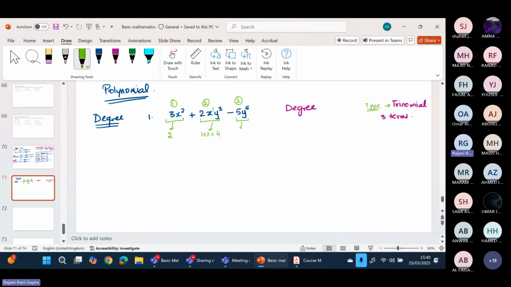What is the degree of 5y power 5? 5. So you have the numbers 2, 4 and 5. The degree will be the maximum of 2, 4, 5. It is 5, the largest number. Clear?